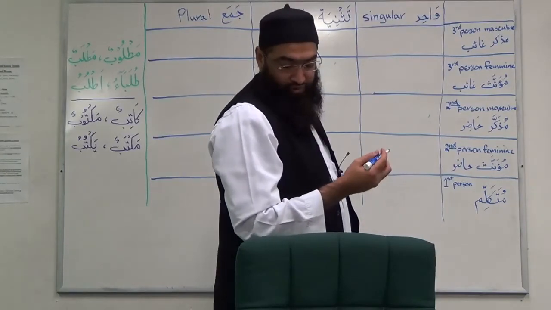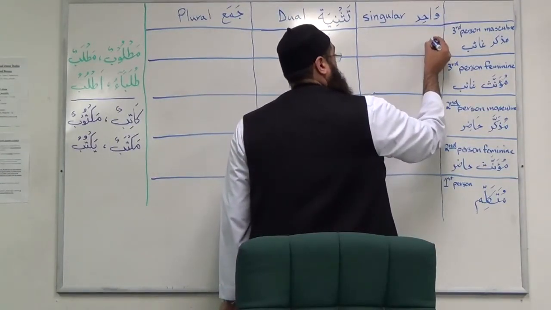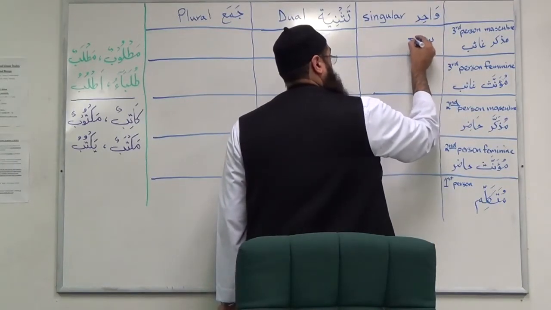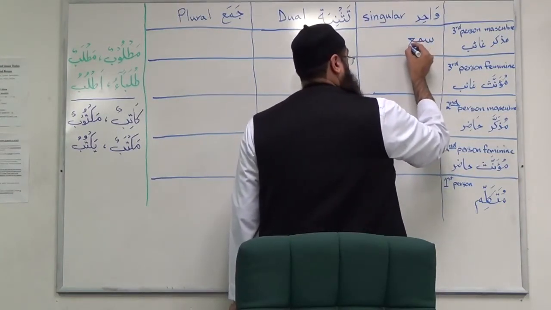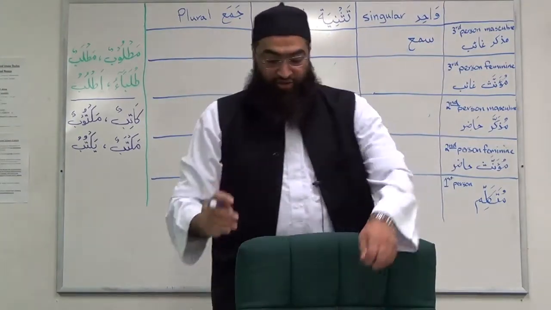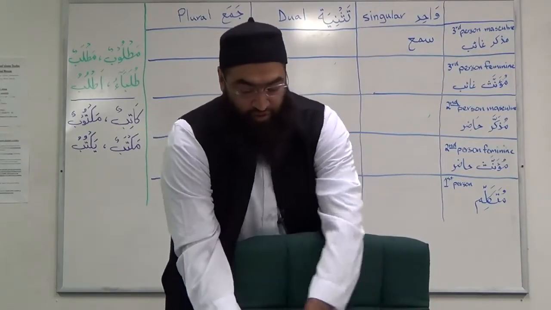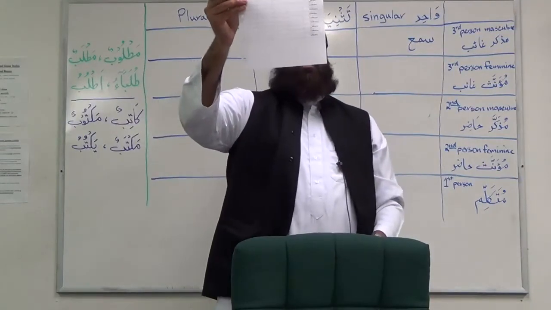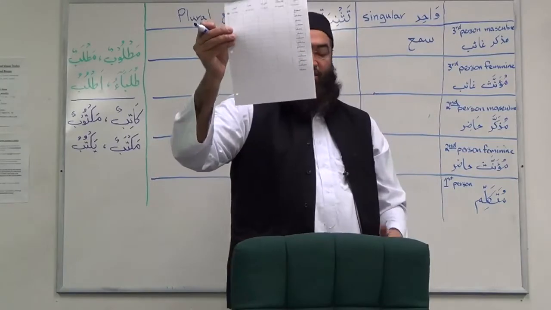Alright. So we will use the word sami'a. I won't put the things there yet. So if we open to this handout that I gave, the first row of words are sami'a.